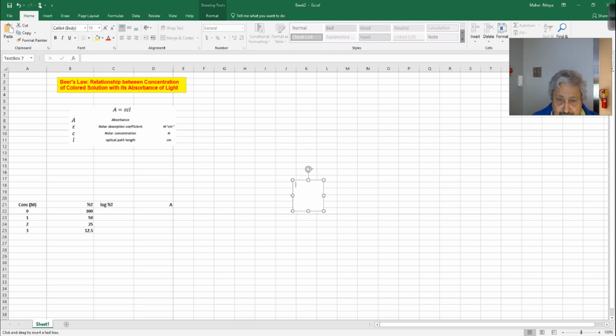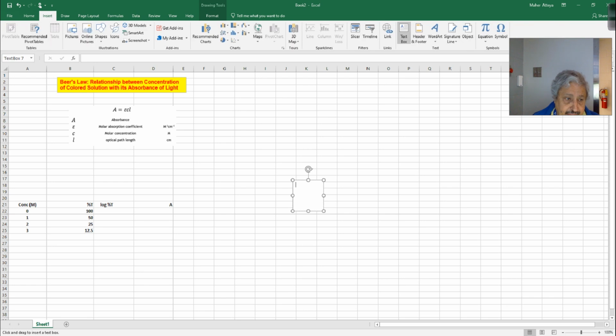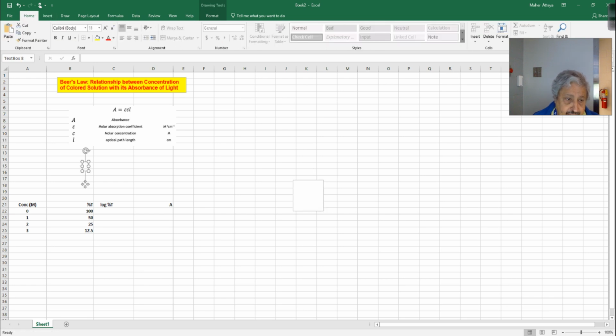and I need it to be here. Okay, just resize it. Okay, guys, and this is the second one, and you paste it here. So that's the relationship, and you can make it here in the middle somewhere.